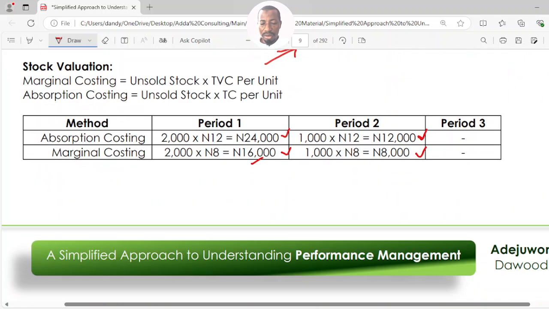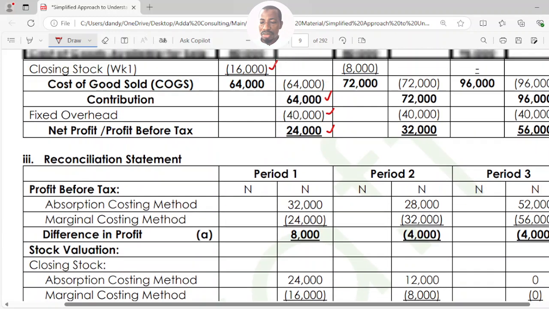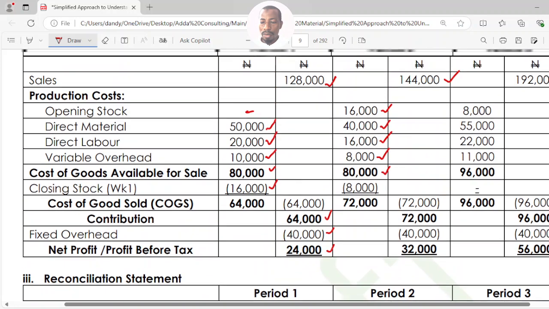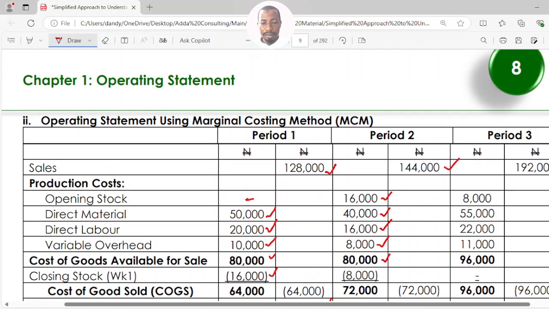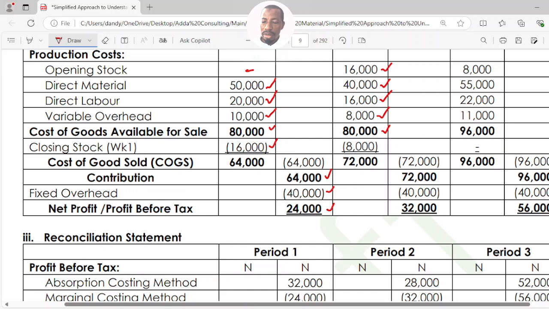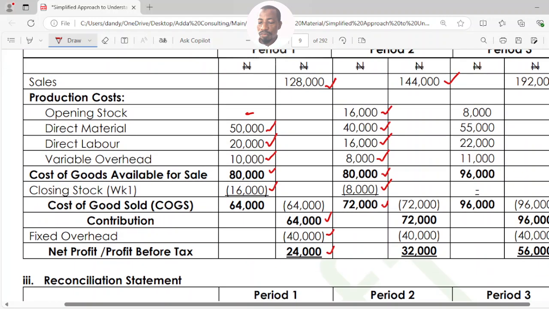So let us go and adjust for that. So 80,000 minus 8,000 will give us 72,000. 72 minus sales of 144, that will give us 72,000.